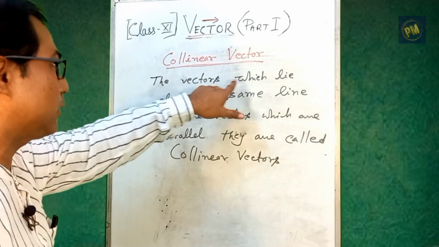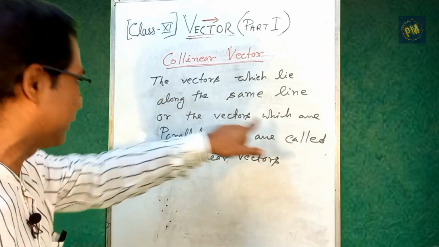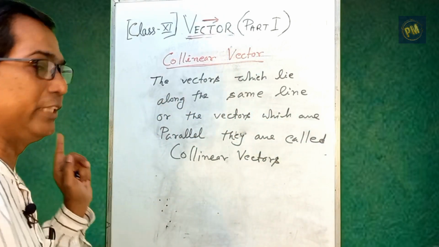Collinear vectors act along the same line, or the vectors are parallel, they are called collinear vectors.